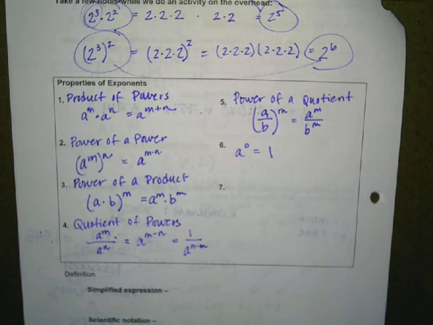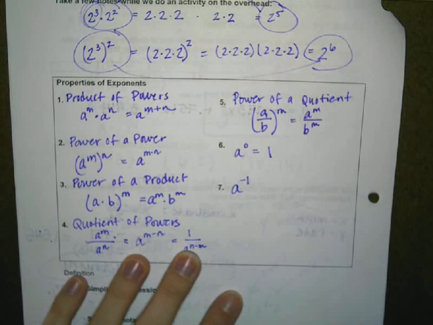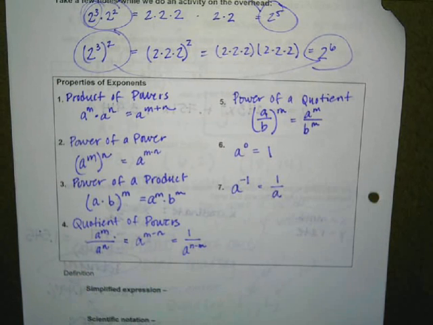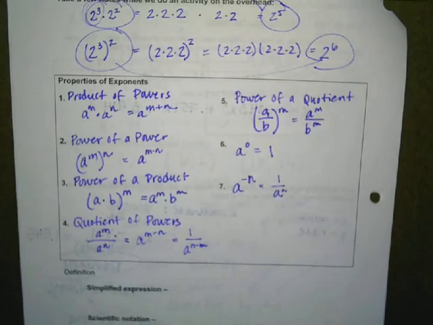And then for number 7, when you have a negative exponent, what happens is that you flip it. And actually, I should make that not just a negative 1, but a variable, because it could just be a number. It could be negative 2 or negative 3. You can have 2 raised to a negative power, and what that's going to do is flip and make a fraction.